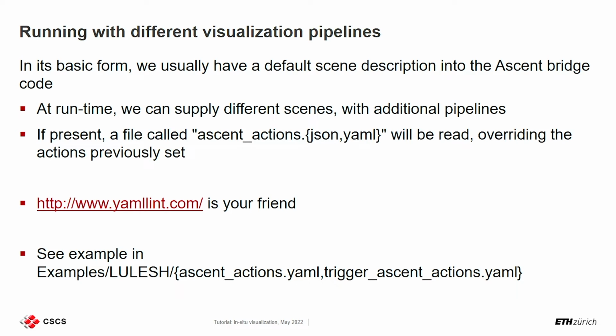I recommend YAML lint to control your syntax. And then I recommend in my repo, in the example folder, I have made here an example of an Ascent actions YAML, which itself calls a whole visualization program based on the trigger which is defined over here.